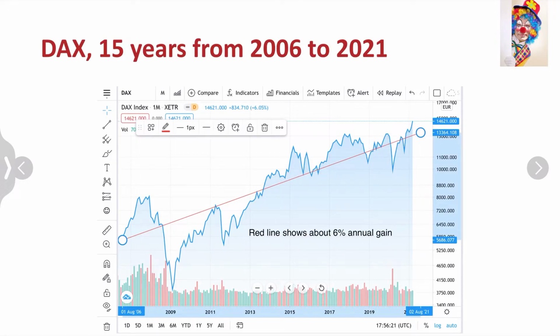And this red line shows only an annual growth of 6%. So in the past, for 36 years, we had 7.7%. Now we have 6%. So this means the German stock index seems to shrink a little bit concerning the growth. Let's go to other assets here.